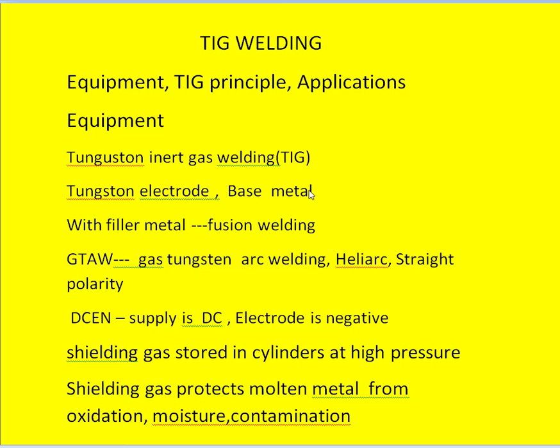Base metal is nothing but the two pieces of metal to be welded. In TIG welding, if we do not use filler material and just use the heat produced by the tungsten electrode arc between the base metal and the electrode, then we call it simply TIG welding.